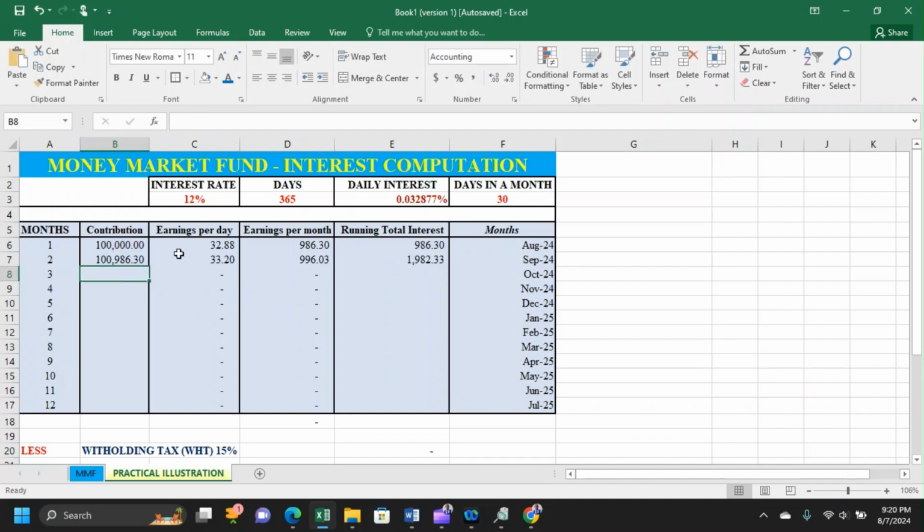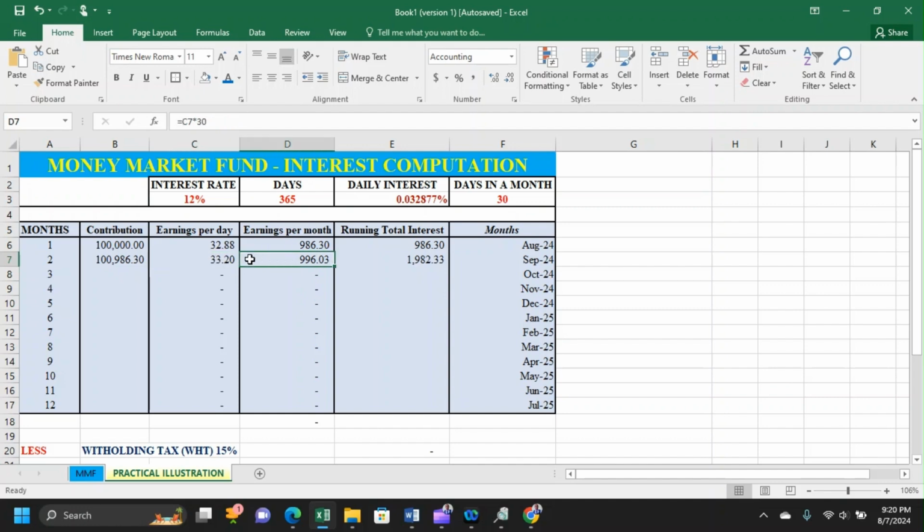That means the earnings in terms of interest per day will not be 32.88, but will be the summation of the initial contribution plus the interest already made, multiplied by the daily interest.